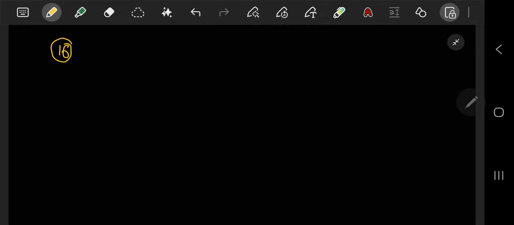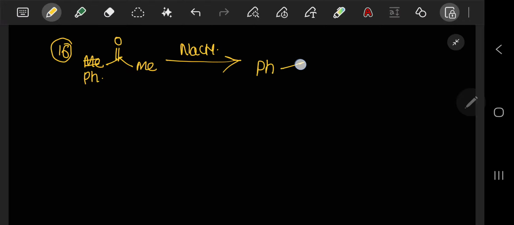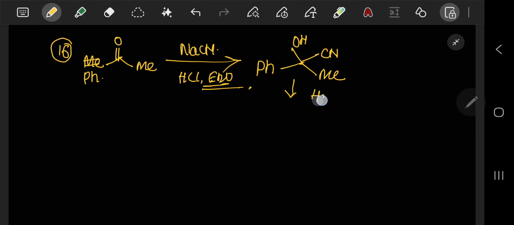Okay, now the next. Question number 16. Okay, now let's take a phenyl. Okay, so phenyl when attaches with this NaCN, I'm not writing the mechanism, we have already done it. So this is the OH and this is the CN, NaCN and H3O+. Okay, so after that we are attaching the HCl. HCl is an example of strong acid.